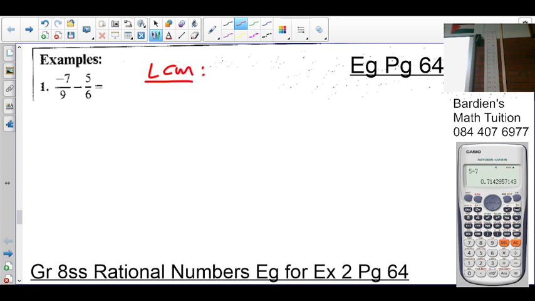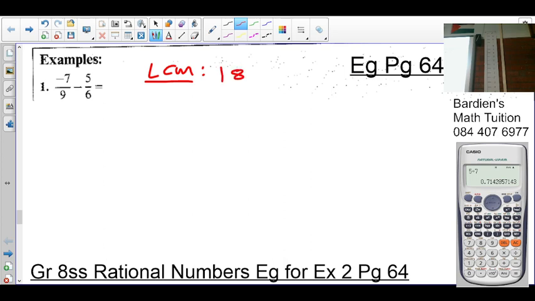She says 18. Is 18 correct? For those of you who don't know how I got 18, we look at the bigger denominator. And what's the bigger denominator there? 9. Can 6 go into 9 without remainder? No. So now we count in multiples of 9. What comes after 9? 18. Can 6 go into 18? Yes. So 18 is your LCM.